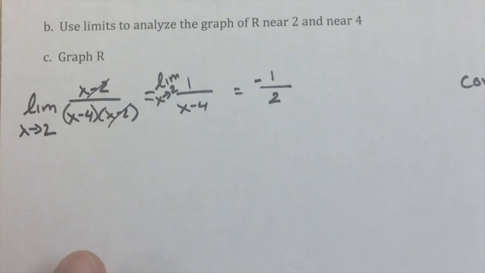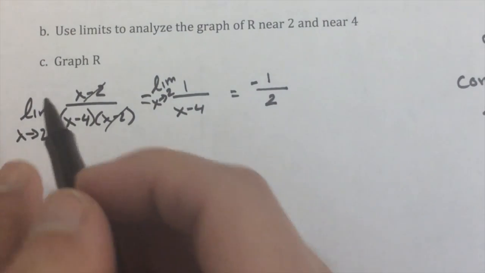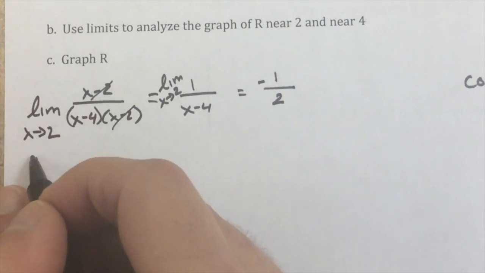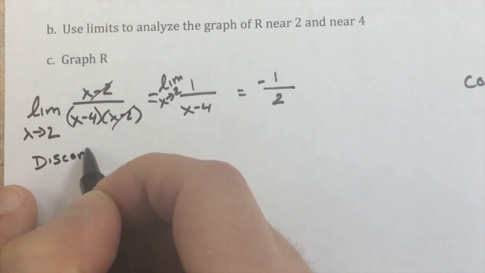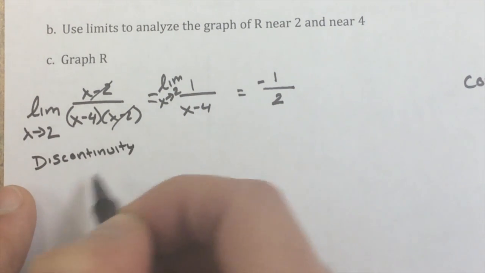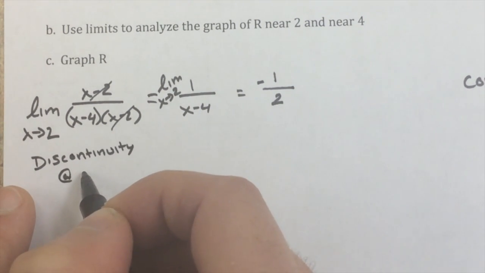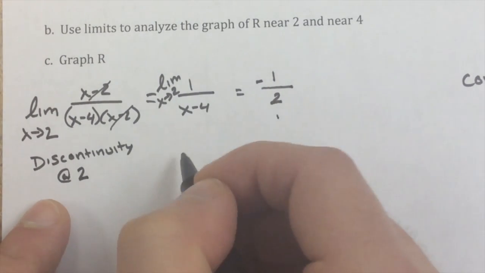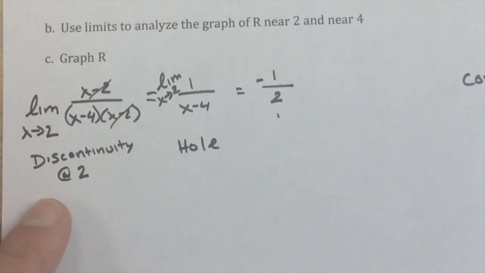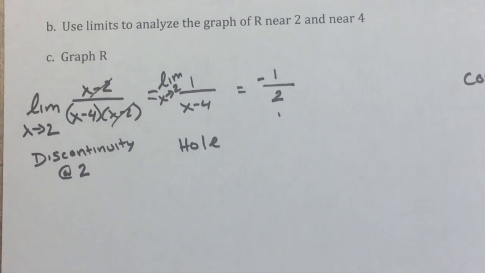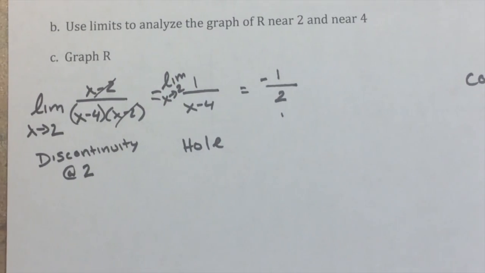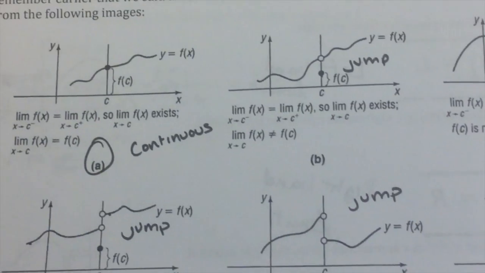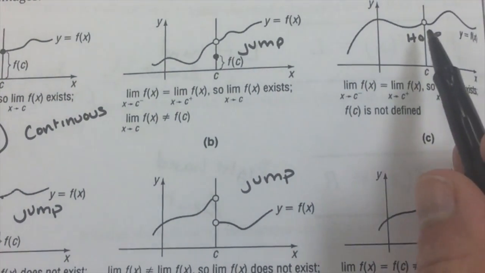Which means, even though I get a discontinuity at 2, I get a value out, so I have a hole in my graph. Just like we had over here, we just have a hole in our graph.